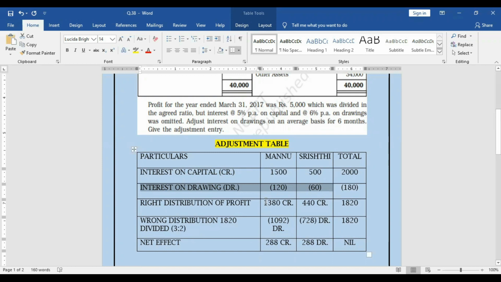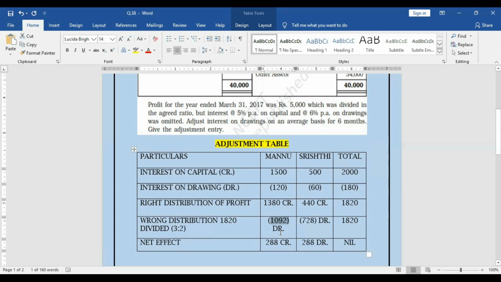This is the right distribution of profit to the partners, but it was already distributed like this, only 1,092, instead of the 1,380 that should have been given. Therefore there is a shortage of 288 in the partner's capital account.